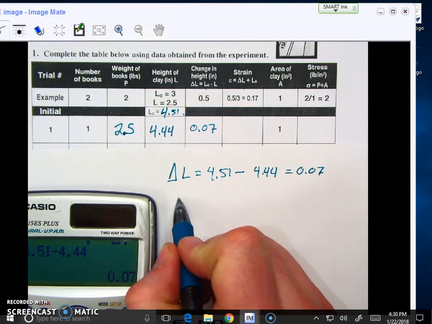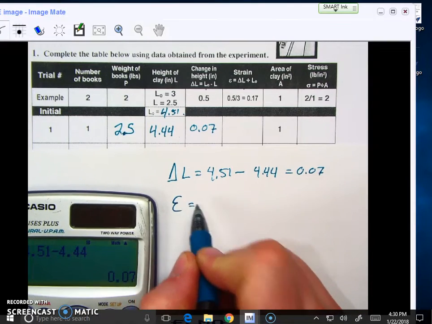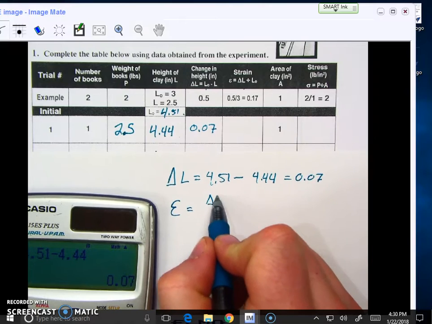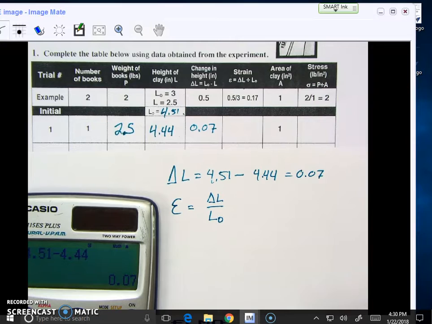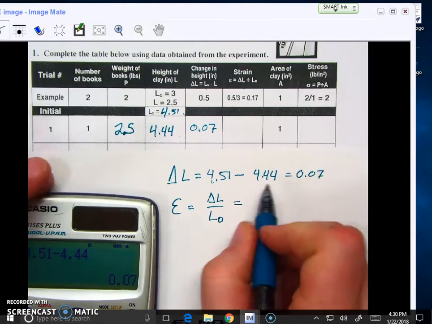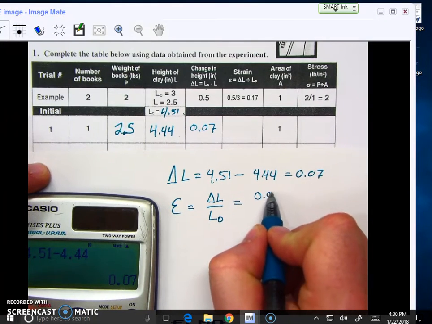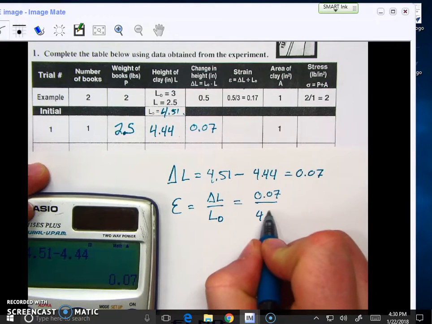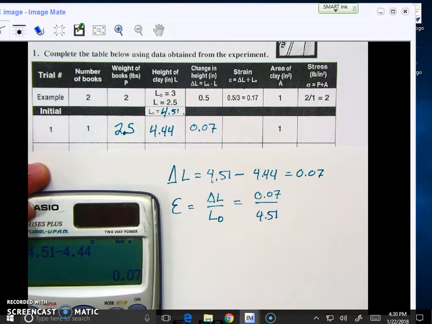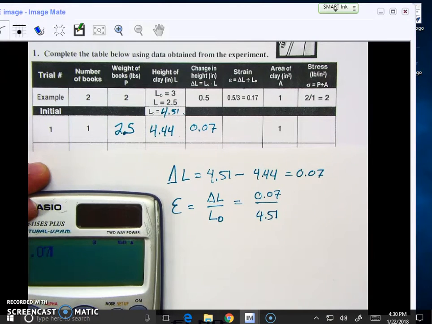So my formula for strain is epsilon equals delta L divided by my original height, which is L0. So the change in height that we just calculated was 0.07. The original height that we started with, that's the 4.51. Again, another thing I can plug in my calculator pretty easily.